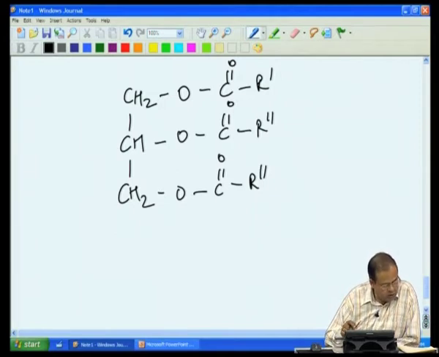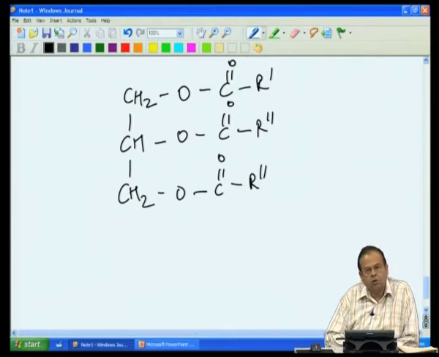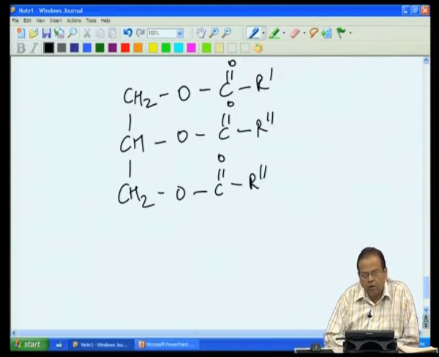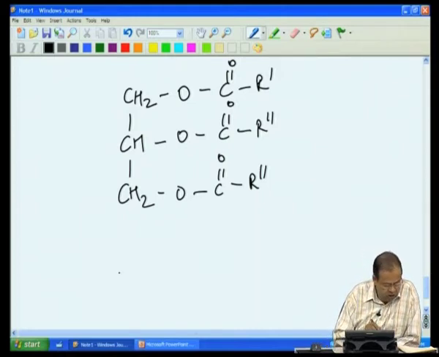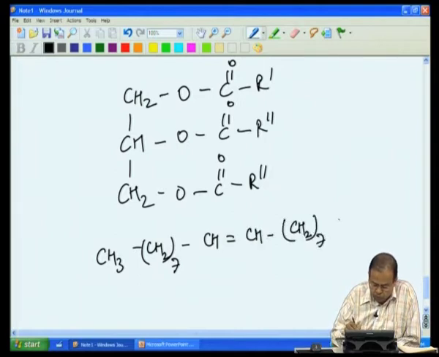So, what are these different fatty acids? For example, these fatty acids are long chain aliphatic acids. So, what essentially we have, for example, is something like oleic acid, a cis oleic acid, so that is my cis oleic acid.